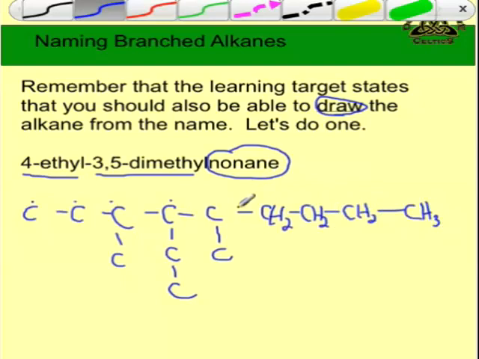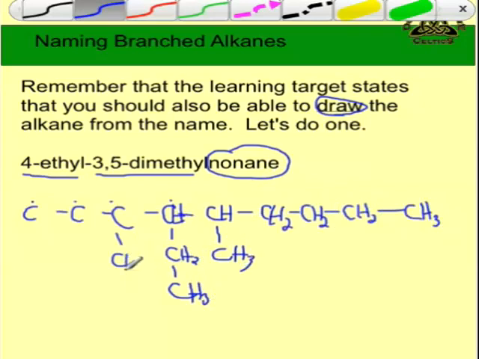Now this carbon already has 3 bonds on it. So there's only 1 more bond we have to take care of, so I'm only going to put 1 H there. Same is true for this carbon here. I didn't leave much room for that hydrogen, did I? This carbon has 2. We need 2 more hydrogens to bond onto there.